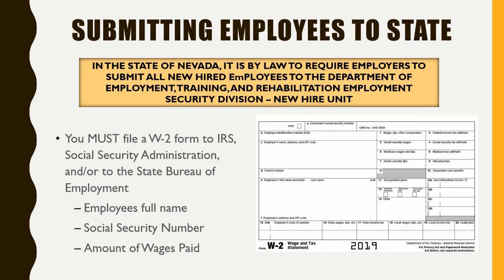The W-2 form is where you fill out the information about each and every single employee. You must have their job title, their pay rate, what the task is, their social security. You have to do everything on that.